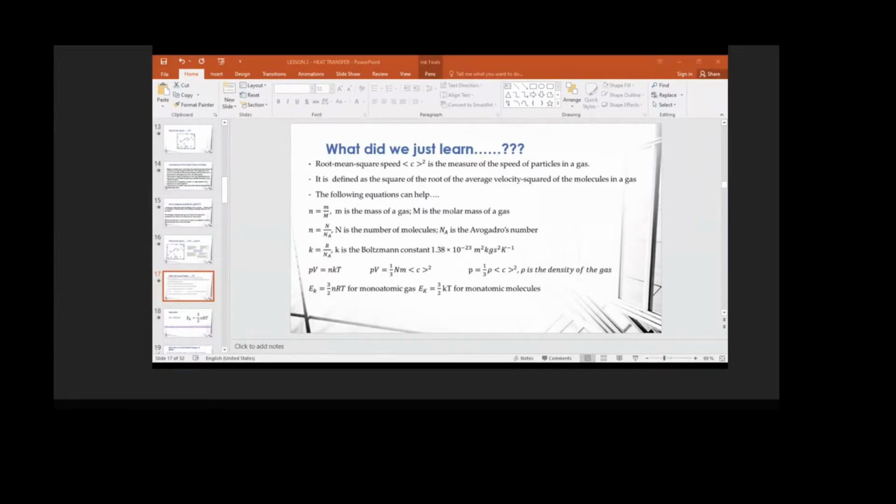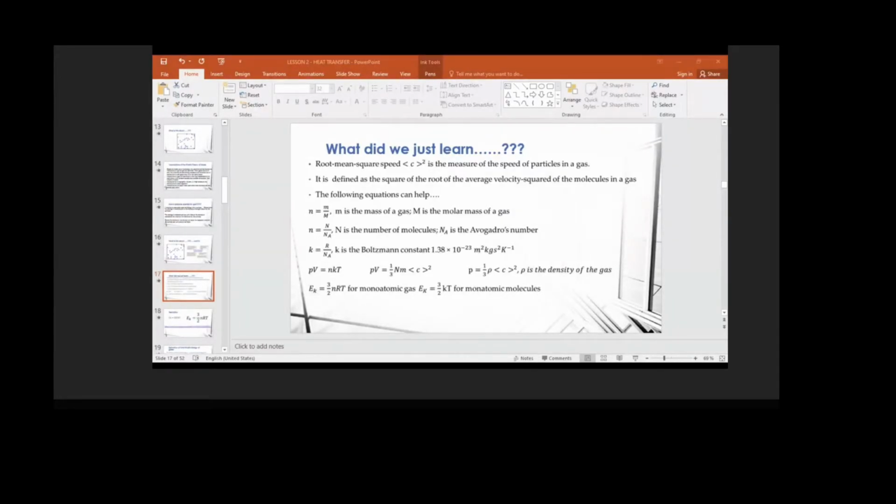Now, for example, oxygen gas, which is O2. If you look at the periodic table, oxygen has a mass of 14, no, sorry, 16.